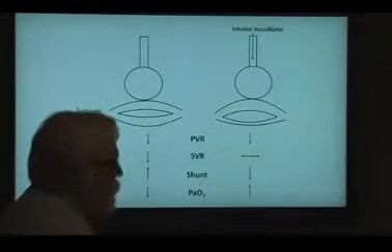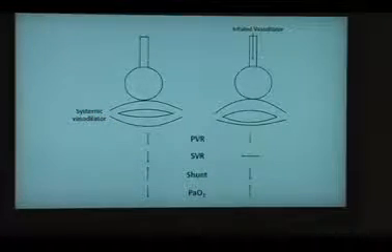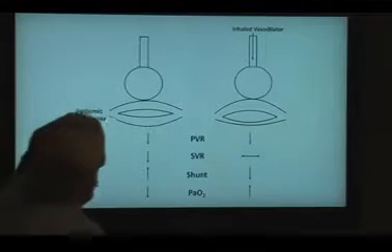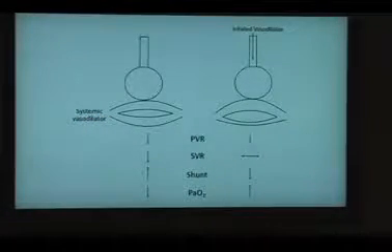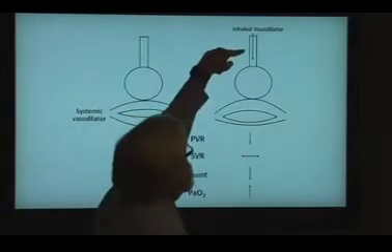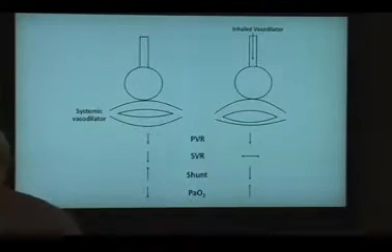The other way that we can affect pulmonary vascular resistance, and we actually do so very directly, all of us in this room, is with the administration of vasodilators. Those can be either systemic vasodilators, like nipride or calcium channel blockers, or inhaled vasodilators, like inhaled nitric oxide and inhaled prostacyclin.